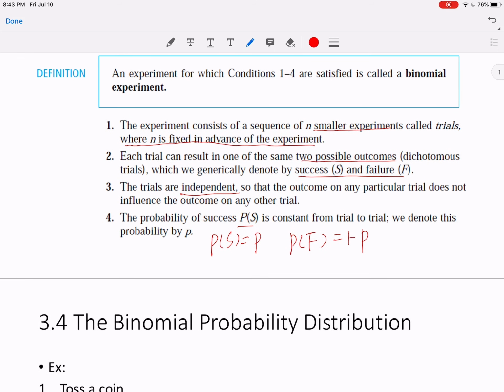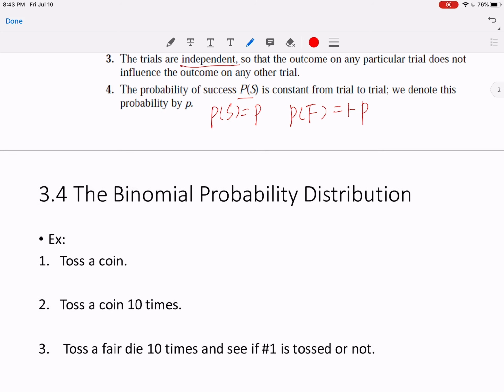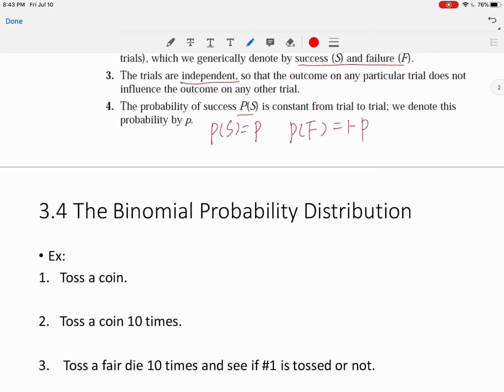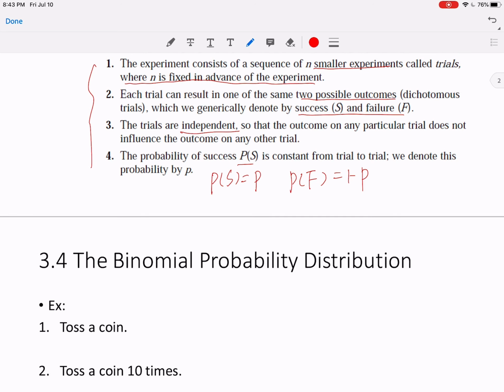All right, so once we know the conditions of the binomial experiment, let's take a look at the example here. We got three examples, and we got to check if they are binomial experiments or not. Let's see, number one. So if we want to identify if this is a binomial experiment or not, we just need to check if all those four conditions are satisfied or not. Let's do it one by one. Let's say condition one.